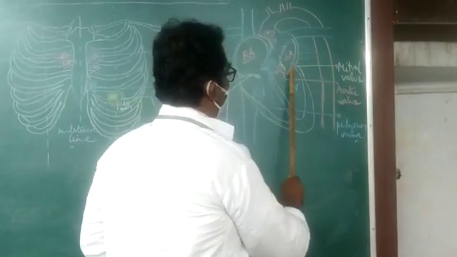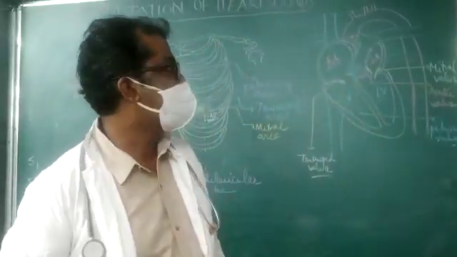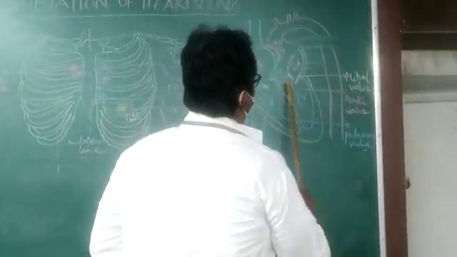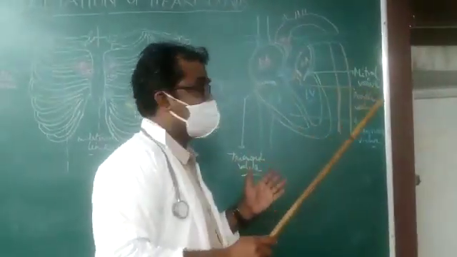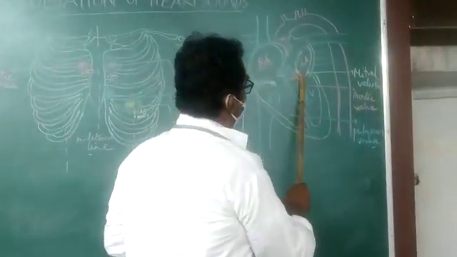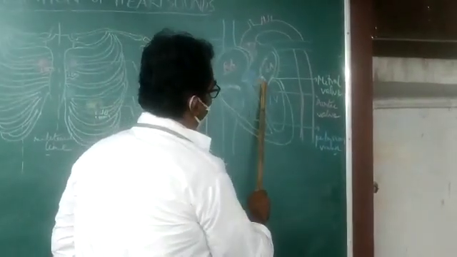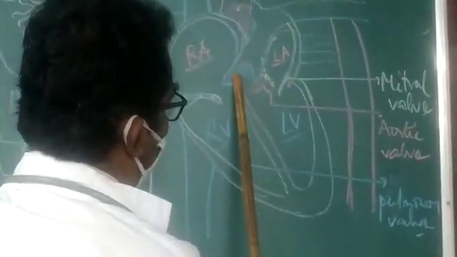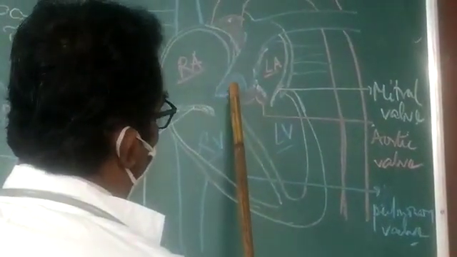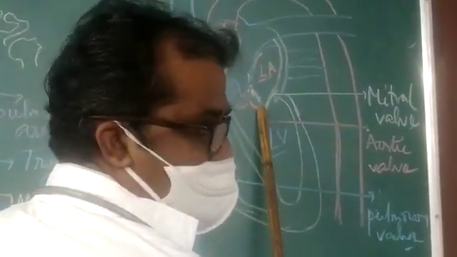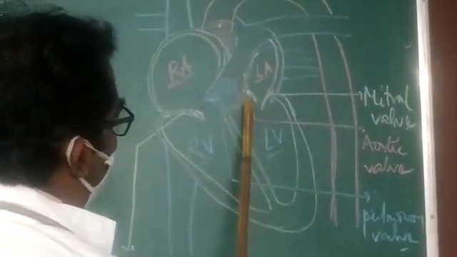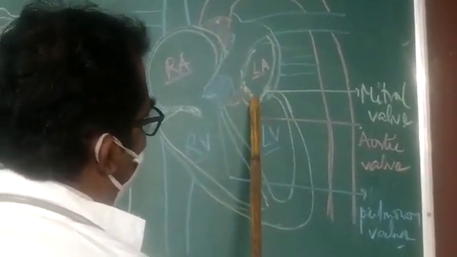These two are concerned with the first heart sound, and there is another type of valve called the semilunar valves. Number 1 is the pulmonary valve, and number 2 is the aortic valve.